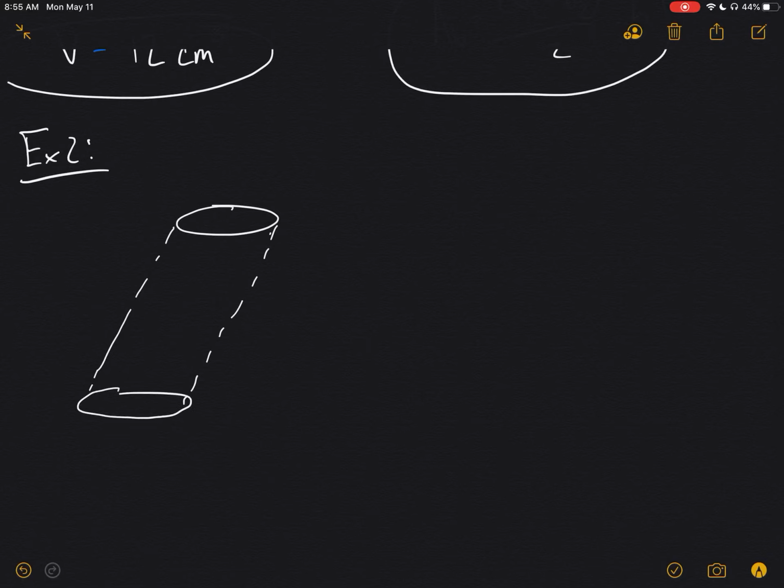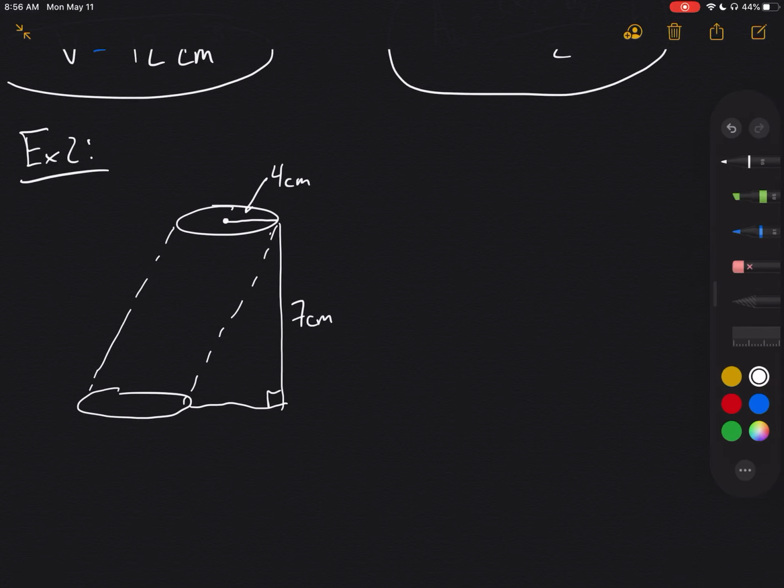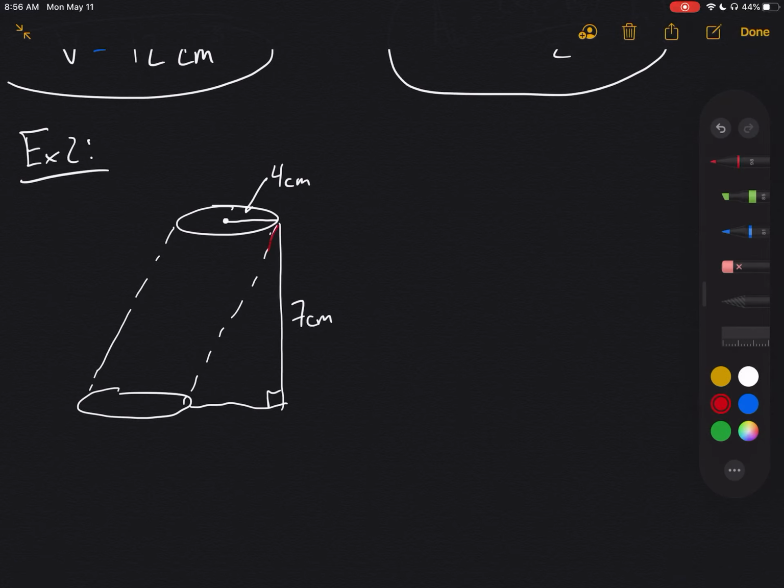Not bad, not bad. Okay, so I know that the radius of the circle is 4 centimeters, and the height is 7 centimeters. When they give you the height, it's the distance between the top and the bottom. So this right here is 7 centimeters. It's not this length here.